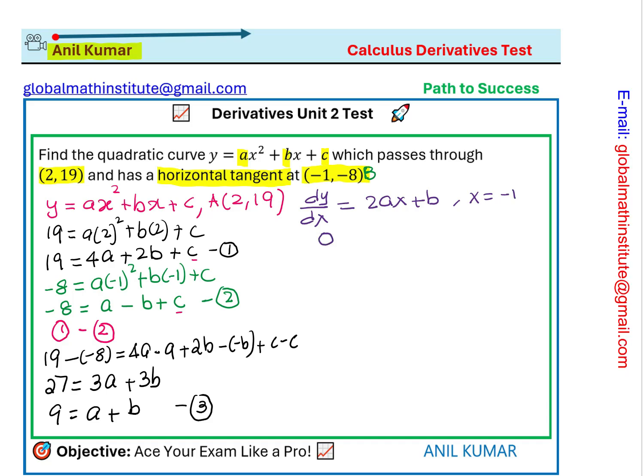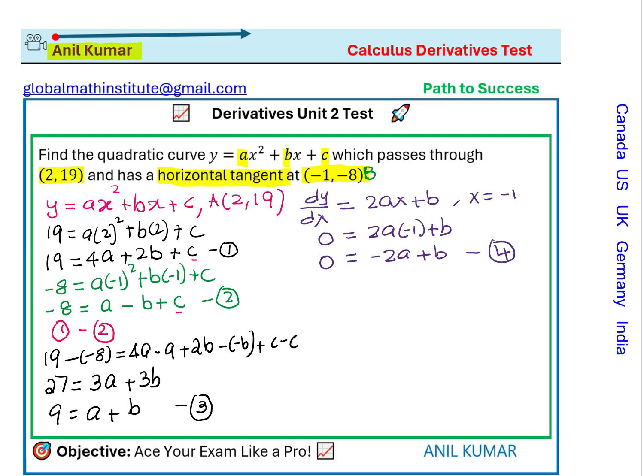So let's put 0 here, and 2 times a times minus 1 plus b. So 0 equals minus 2a plus b.